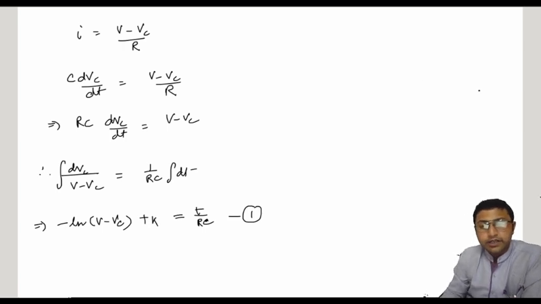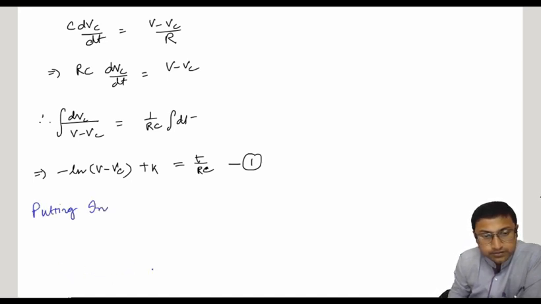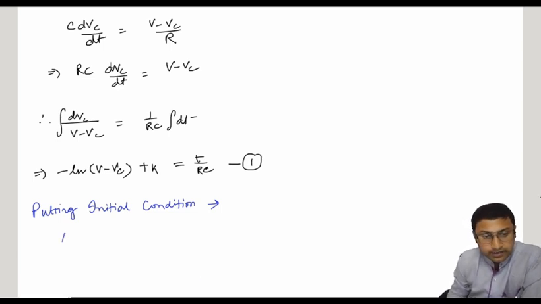Okay, so now we put the initial condition, that is at t equal to 0, that means q equal to also 0. So q equal to again c into vc, it is equal to 0.